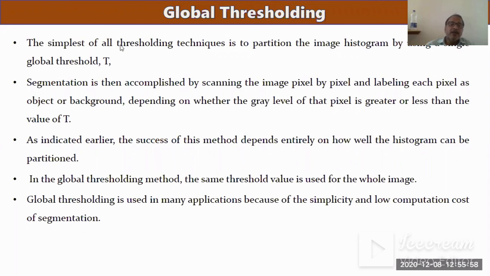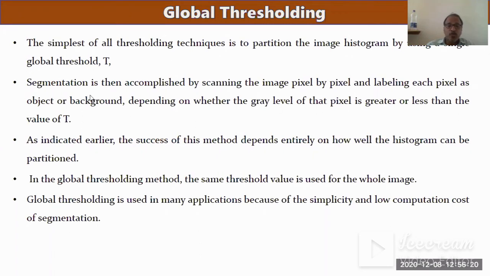The simplest of all thresholding techniques is to partition the image histogram by using a global threshold T. Segmentation is then accomplished by scanning the image pixel by pixel and labeling each pixel as object or background depending on whether the gray level is greater or less than T.